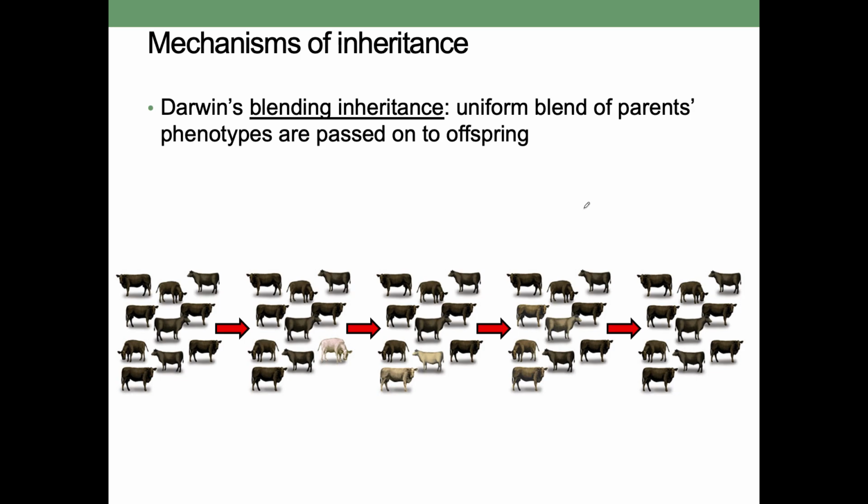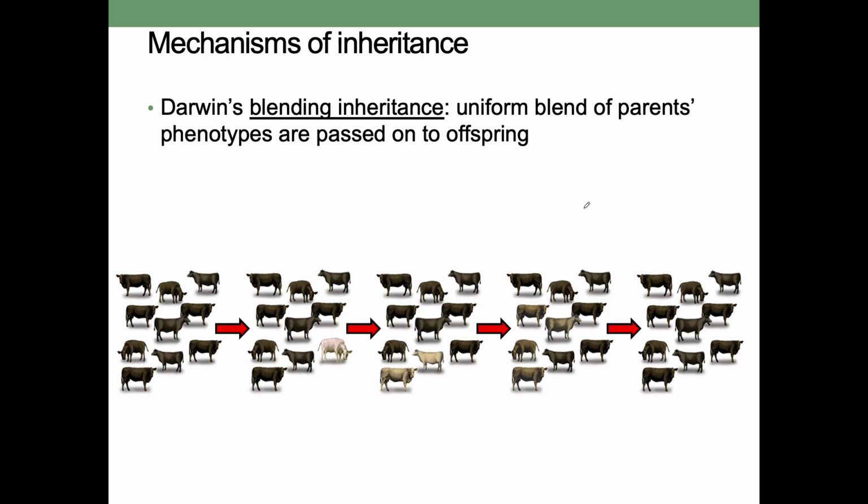Charles Darwin, who we'll spend some time talking about shortly in subsequent lectures, was a naturalist who is credited with the formulation of evolution through the process of natural selection.